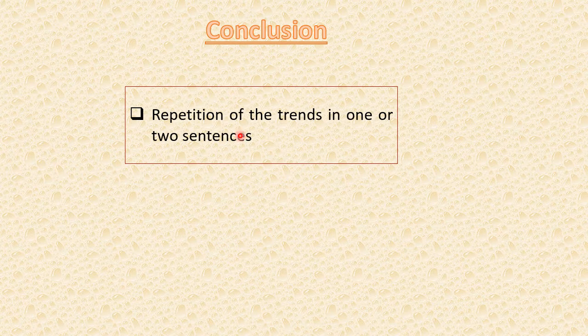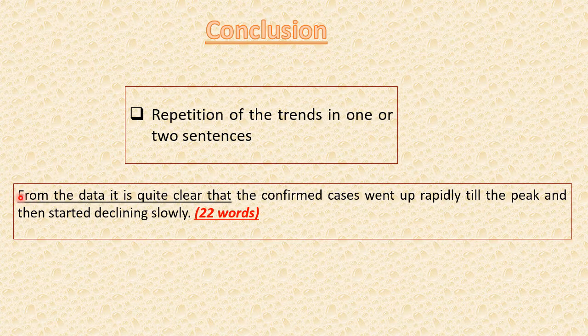And before the concluding sentence, we should write a phrase like this. From the data, it is quite clear that. You can use this phrase or some other phrases like this before the concluding sentence.